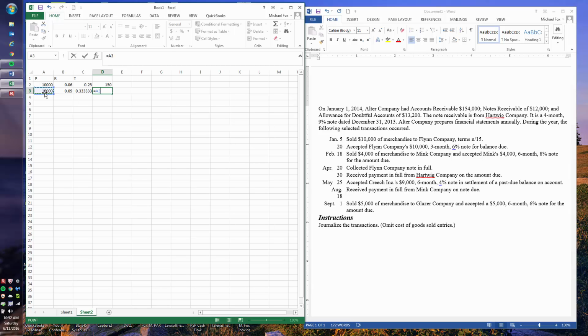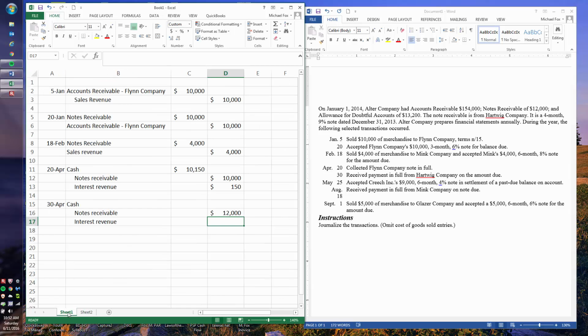Principal times the rate times the time gives us $360. And our cash will be the sum of our notes receivable and our interest revenue, $12,360.